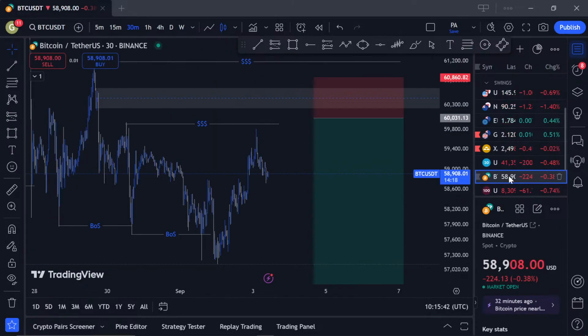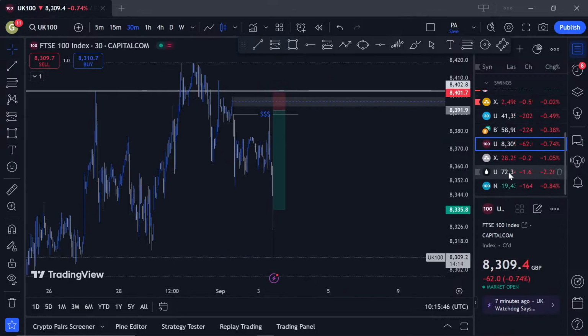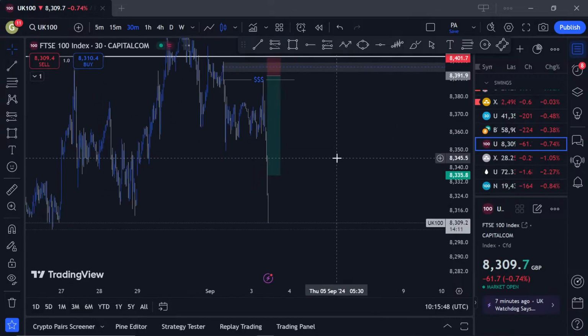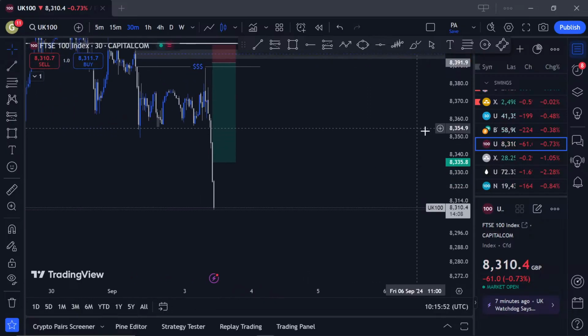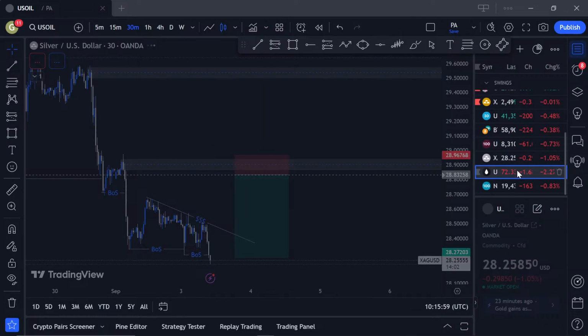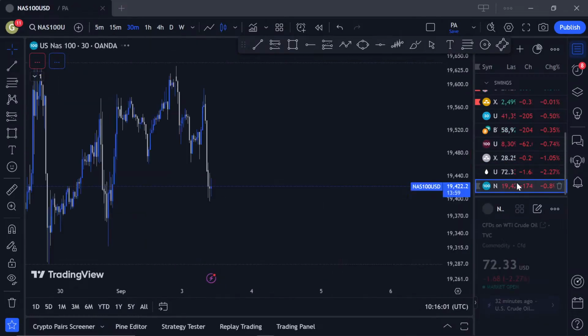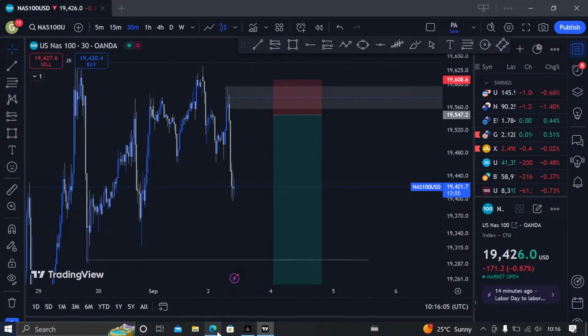So whenever any of them get triggered, I'll just drop them off in the Telegram community. Look at UK 100, it just took a hot run right now. So yeah, whenever they get triggered, I'll actually update you all.